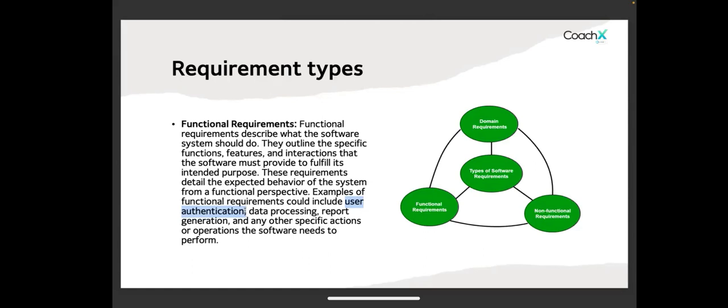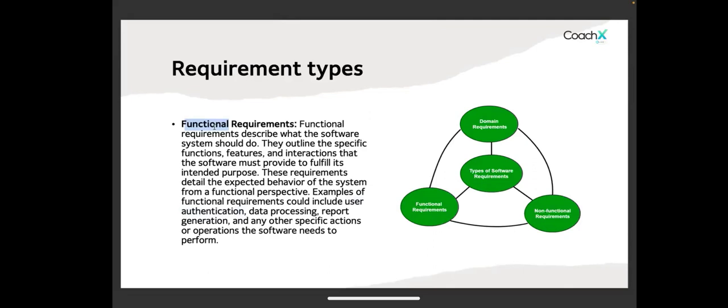Not just these but others also, like transaction in the application, chatbot facility, and if it is an e-commerce website, adding to the cart, viewing the products, product recommendations, all these are kind of features. So functional requirement, in the name only it is mentioned, is about the functionality.